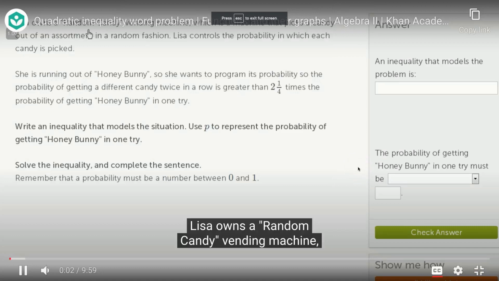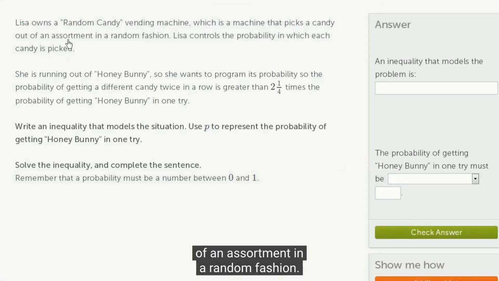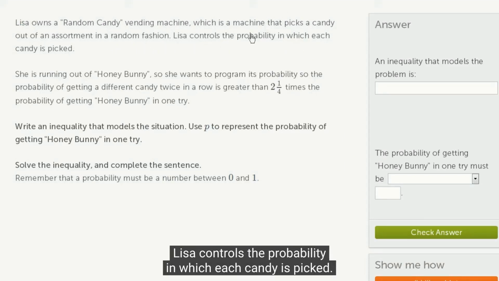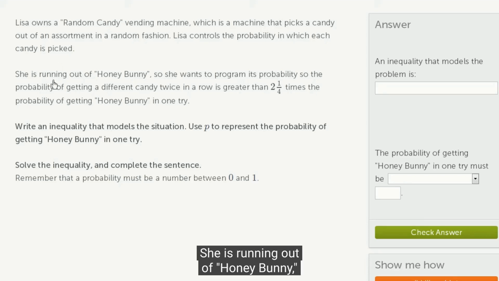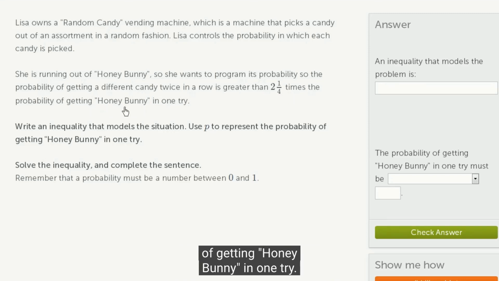Lisa owns a random candy vending machine, which is a machine that picks a candy out of an assortment in a random fashion. Lisa controls the probability in which each candy is picked. She is running out of Honey Bunny, so she wants to program its probability so that the probability of getting a different candy twice in a row is greater than 2 1/4 times the probability of getting Honey Bunny in one try.